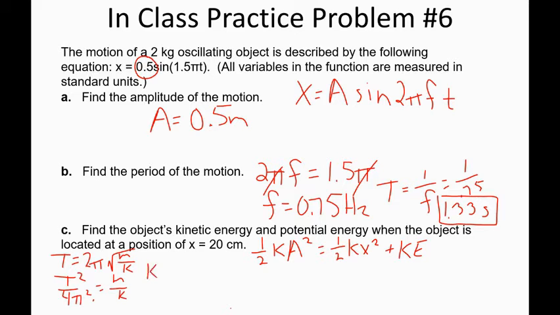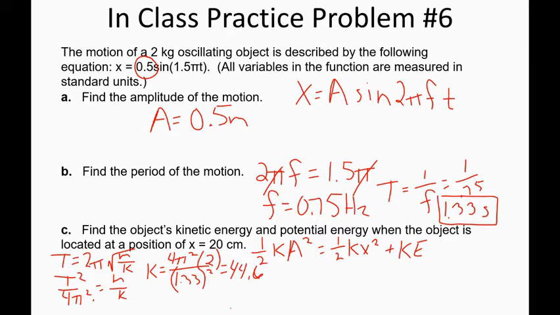And so then our k value is going to be equal to 4 pi squared m, which is going to be 2 kilograms, divided by T squared. And our T is going to end up being 1.33, and square that. So that's going to end up giving us a value for k to be 44.6.